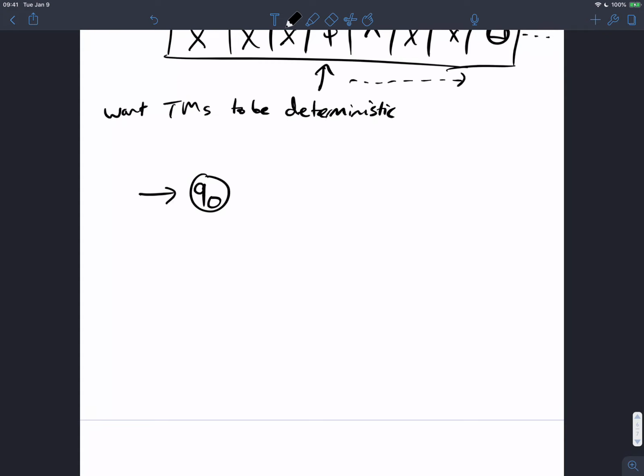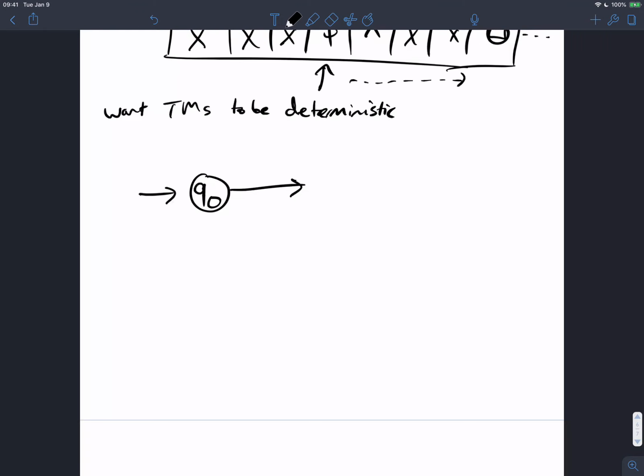So we need to be able to go to a different state which corresponds to transitioning over to the other side of the input. So Q0 represents that we're on the first unmarked 0 on the left side, and now we need to decide what to do.